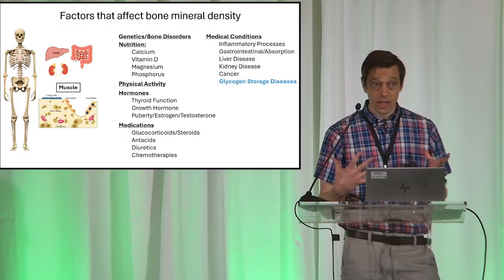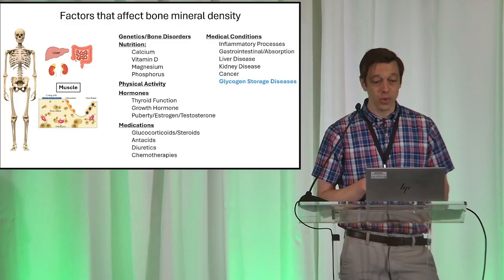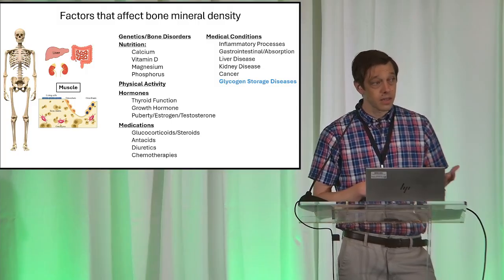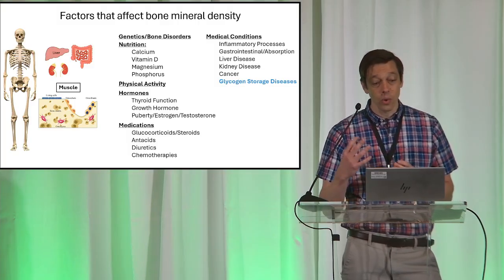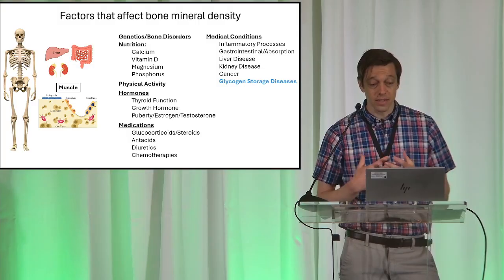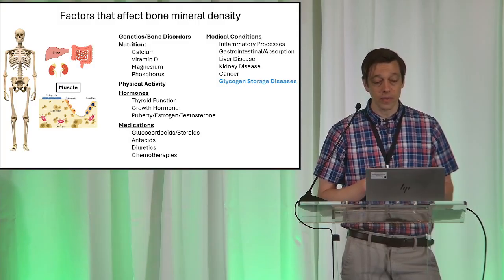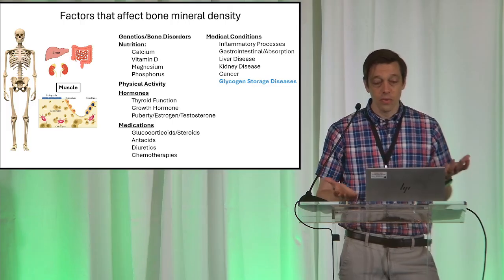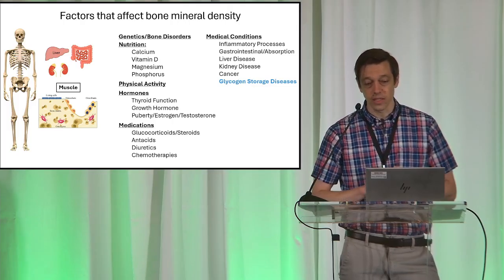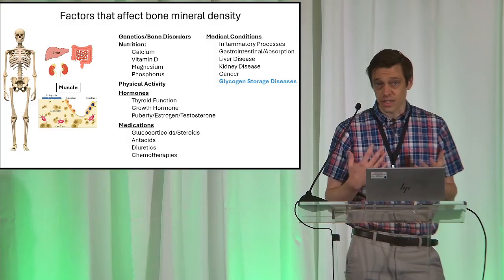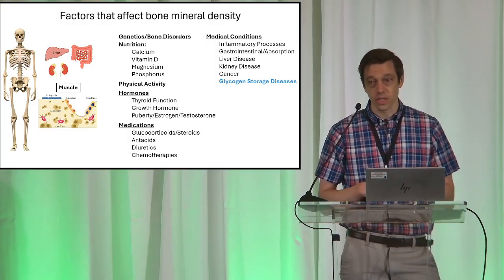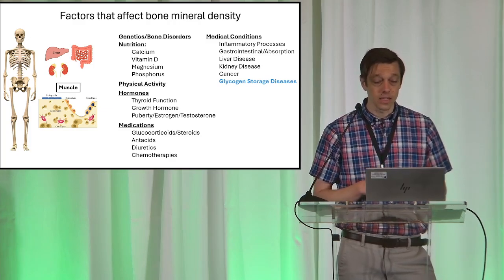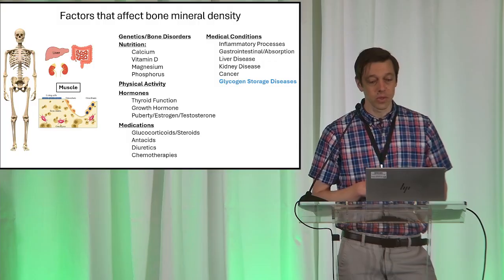And then, of course, when we're thinking about a person from a bone health standpoint, what other medical conditions are at play? As I already mentioned, inflammatory processes can play a role in bone health. Whether it's a systemic process, it could shift the balance of bone formation versus bone resorption, leading to a decrease in bone mineral density. Whether someone has a GI illness such as celiac disease, with decreased absorption of the minerals, that can decrease our ability to maintain bone health.